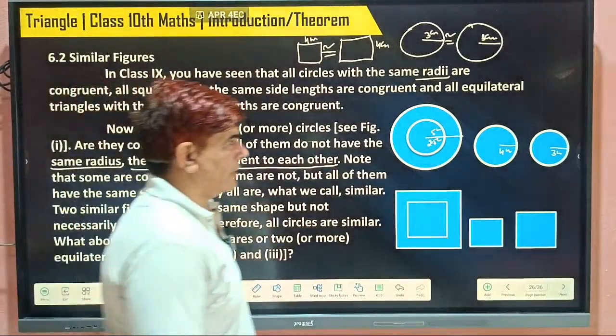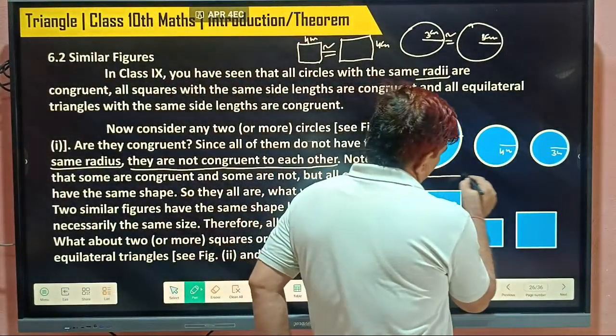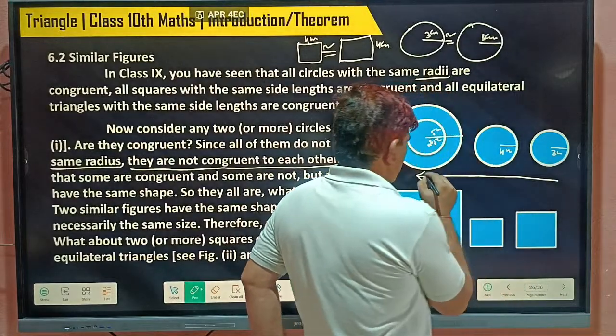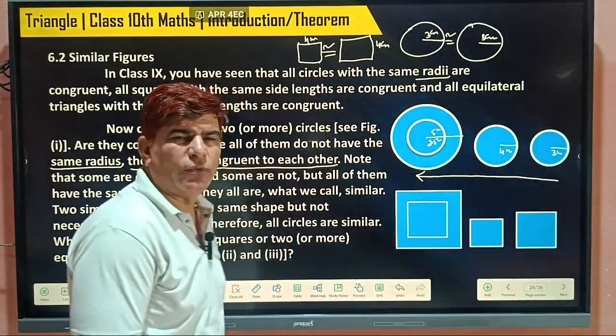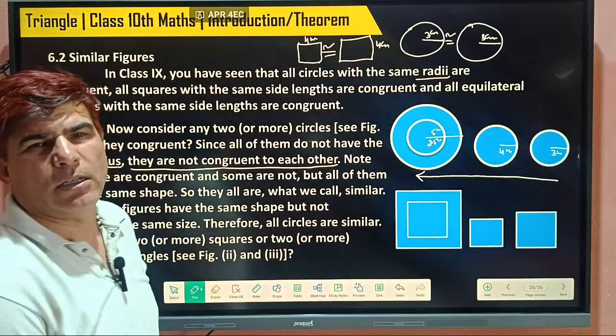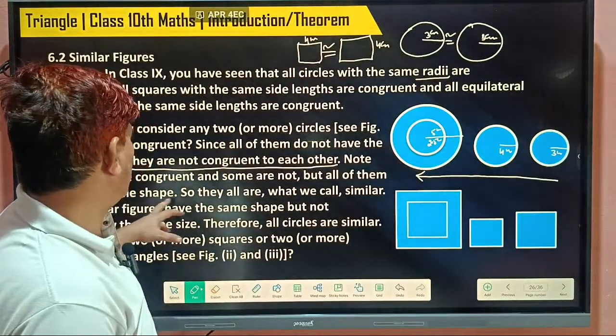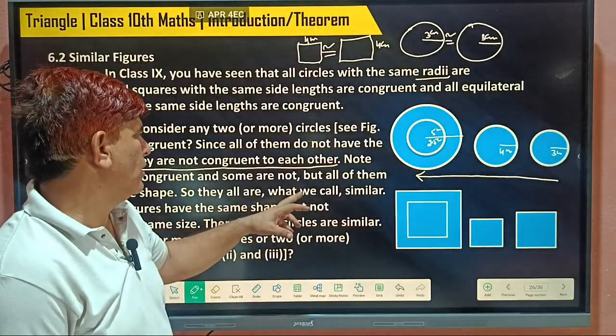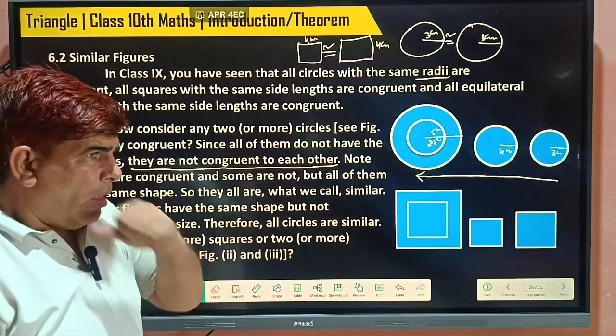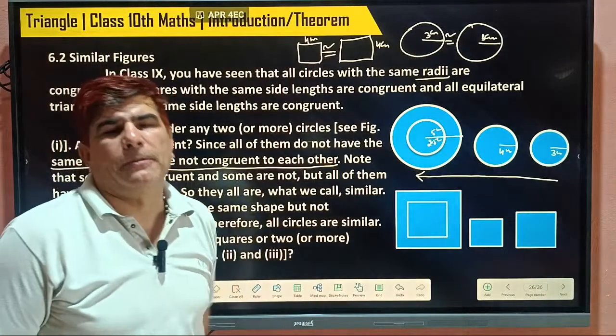But what can you say about shape? Is the shape the same or different? The same. All are circles. So it is written that they have the same shape. So they are all what we call similar.